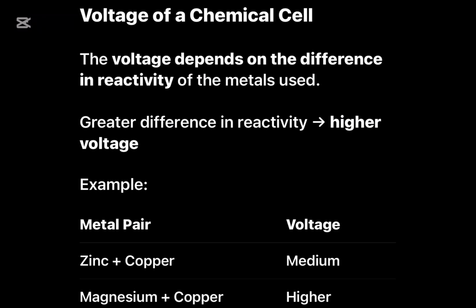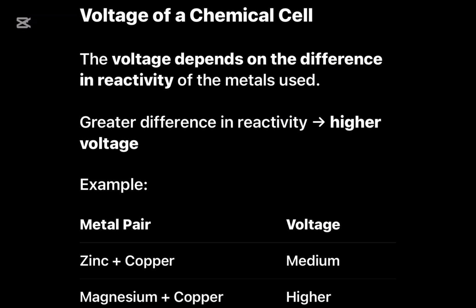Let's talk about the voltage of a chemical cell. The voltage of a chemical cell depends on the difference in the reactivity of the metals used. The greater the difference in reactivity, the higher the voltage.